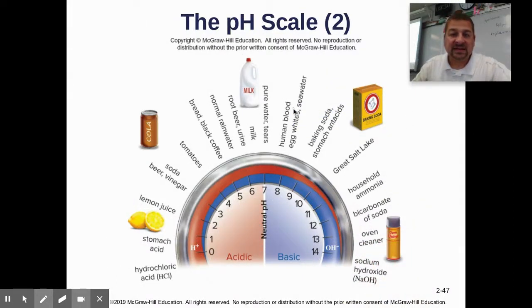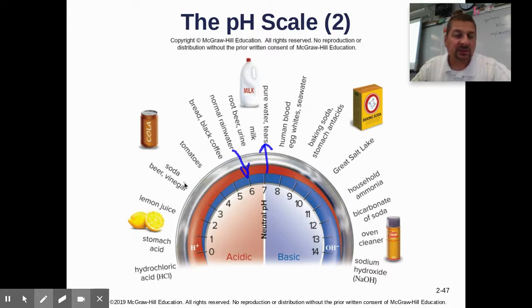This is just a pH scale that shows us some common things and where they might be on the pH scale. You'll notice neutral is where you've got pure water. Also, our tears tend to be neutral. Things that are acidic: milk, urine, normal rainwater is slightly acidic. Coffee is acidic.